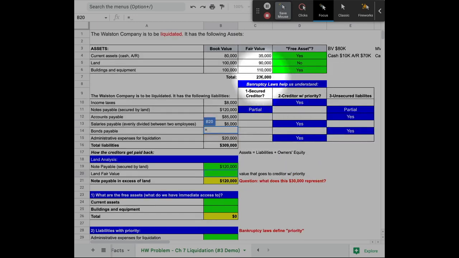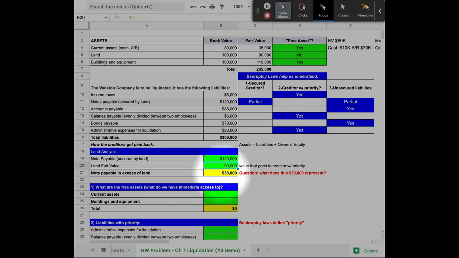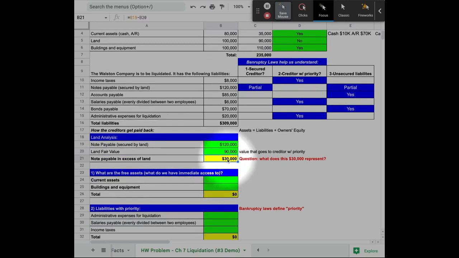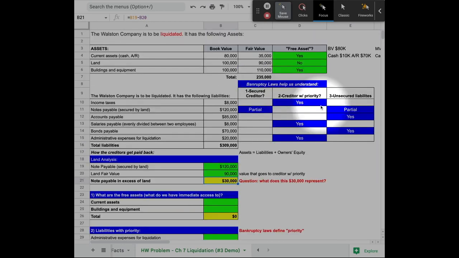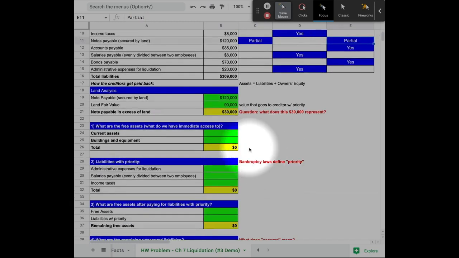The land fair value is up here, it's $90,000. So what's happening is we're going to sell the land, and the creditor is going to get that $90,000. That's going to be part of the note payable paid back. Now, notice $30,000 of that note payable is still not paid back. So that's outstanding, and that's going to be part of this bucket right here. We're going to come back to the rest of that note payable.